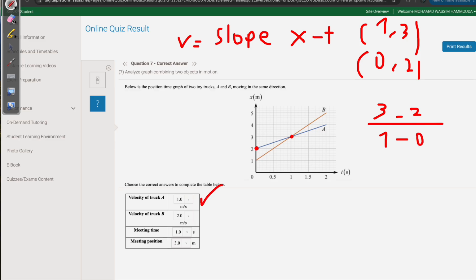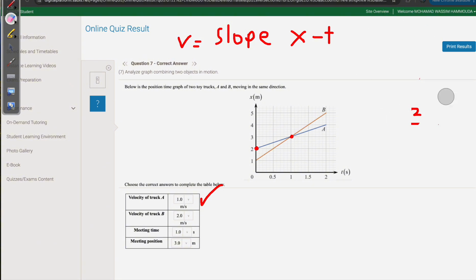For the velocity of truck B, we need to do the same thing again: find 2 points and then get the slope. For truck B, we'll take 1, 3 since it's the same as point A, and we'll take 0, 1.